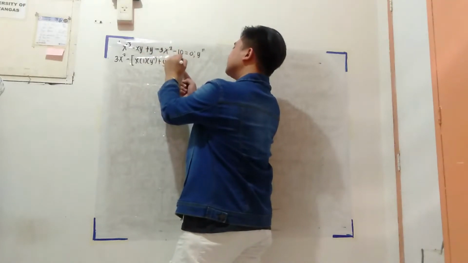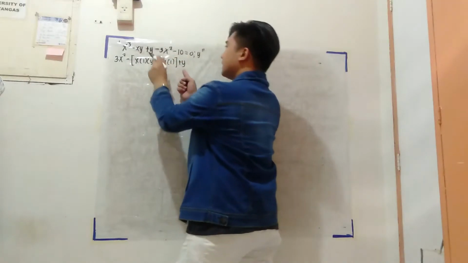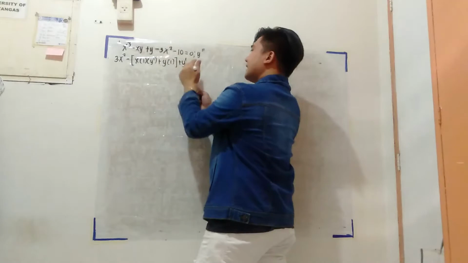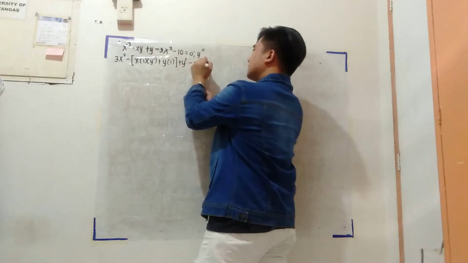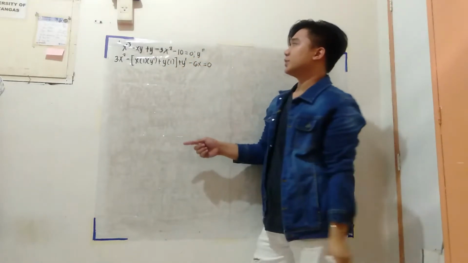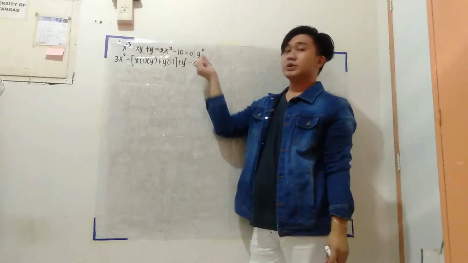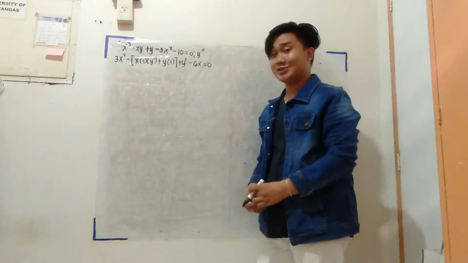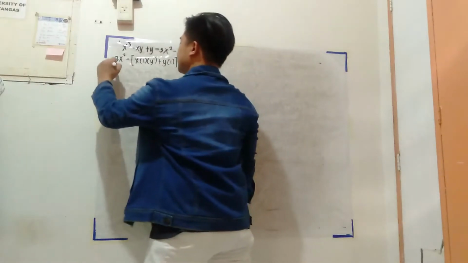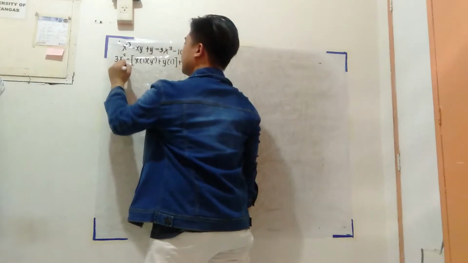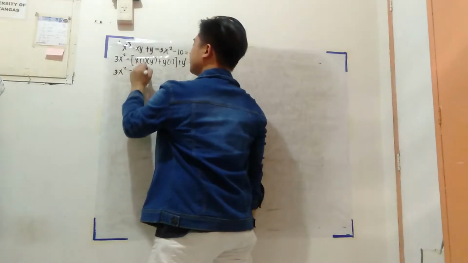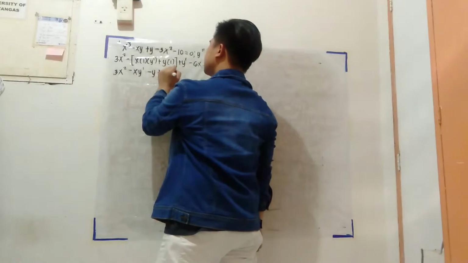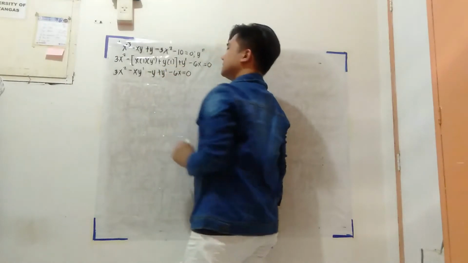Plus y, derivative ng y is y prime, minus derivative ng 3x squared is 6x, equal to 0. Kasi po, 10 and 0 are just both constant, therefore, their derivative is just 0. Okay, so this will become 3x squared minus xy prime minus y plus y prime minus 6x equal to 0.